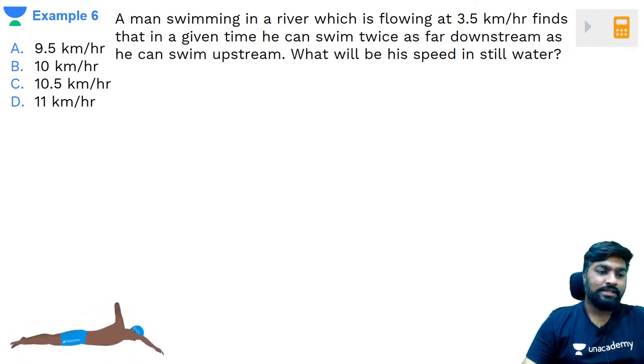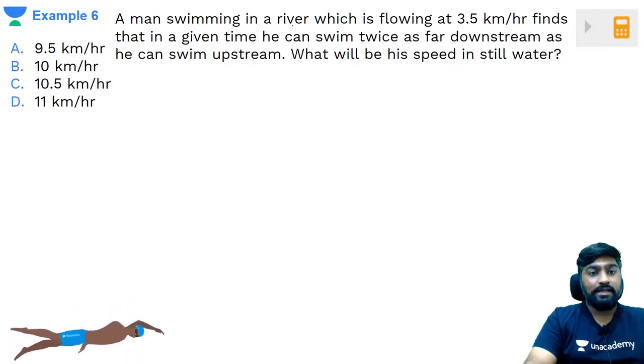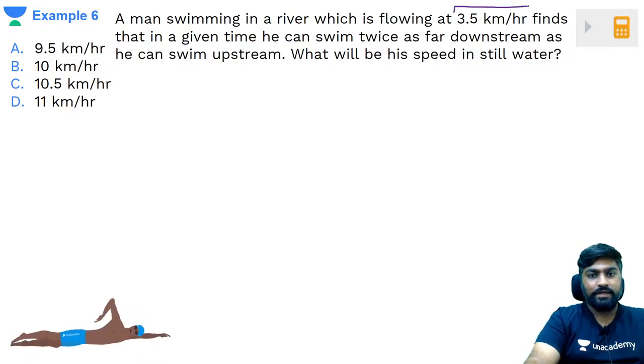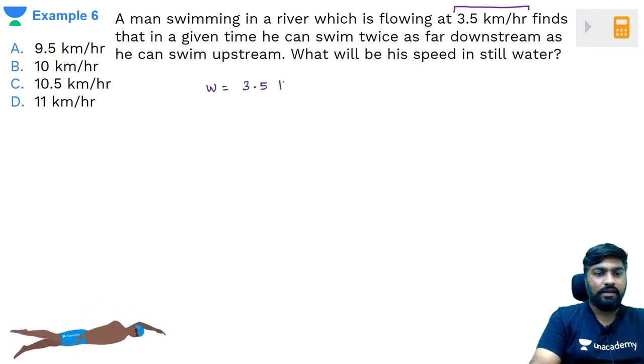Okay, so let's have a look at this situation now. What are they saying? A man swimming in a river which is flowing at 3.5 kilometers per hour. So what do we know? Speed of the water is 3.5 kilometers per hour.